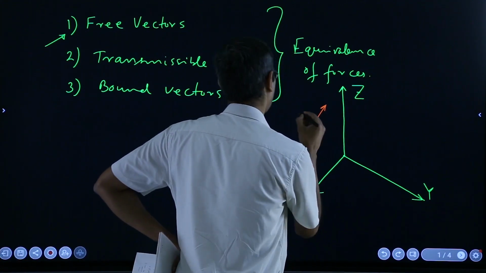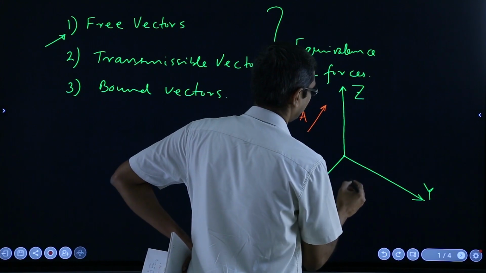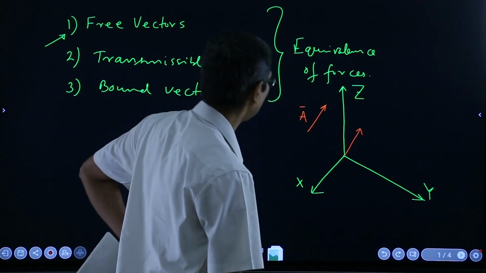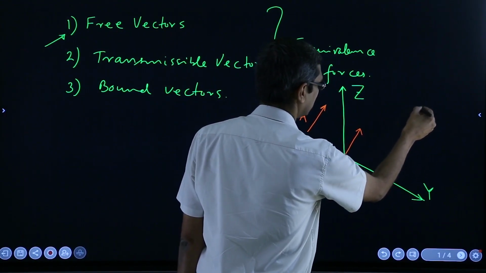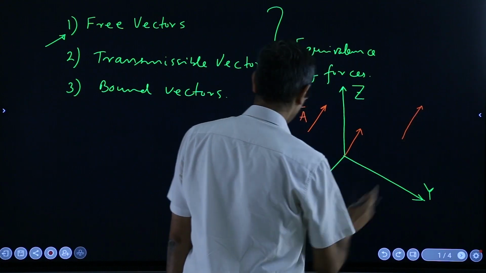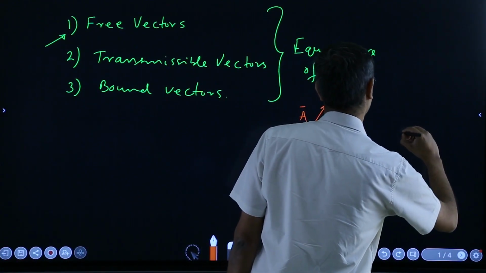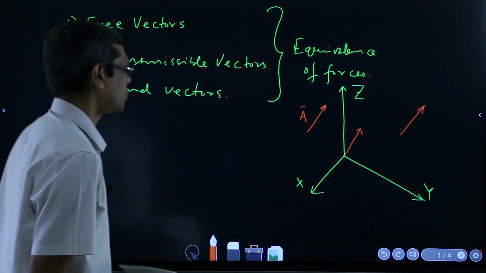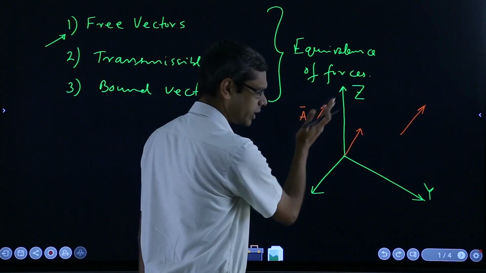Like suppose I will draw the vector here, or I will draw the vector maybe here, so it is parallel. I draw the vector here. Wherever I draw, I am not changing the orientation.